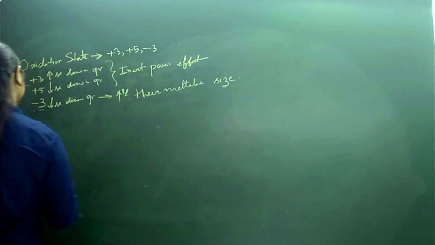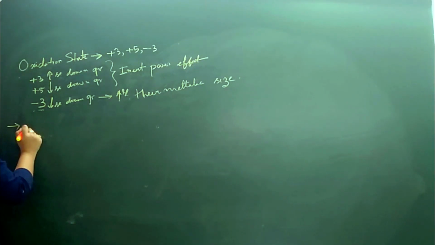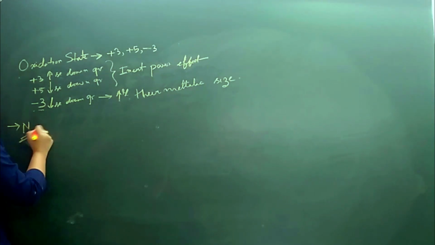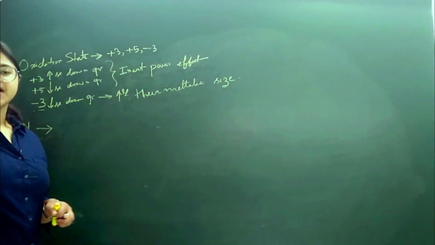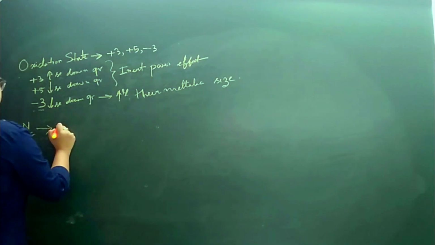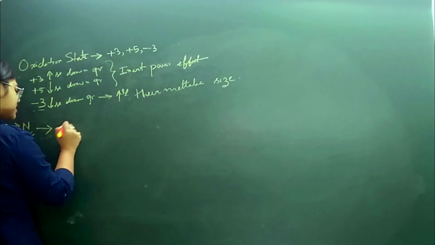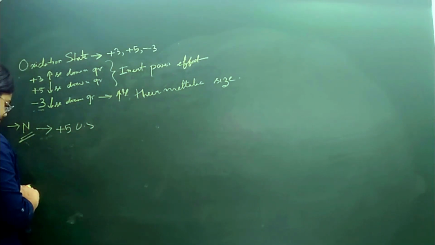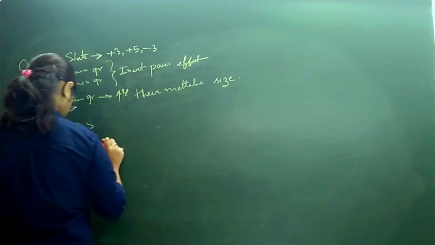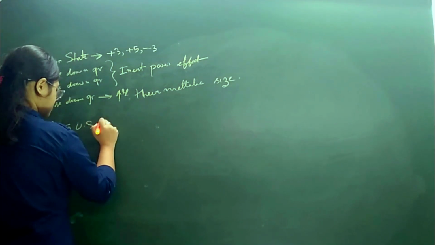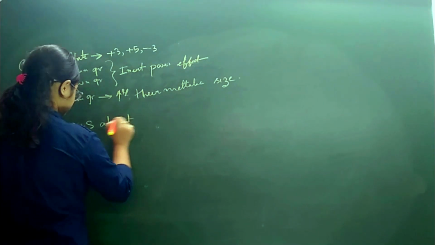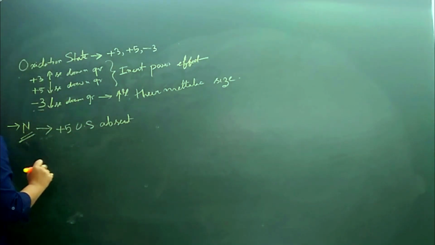Here we can see that nitrogen is an exceptional element that has no +5 oxidation state. Why?